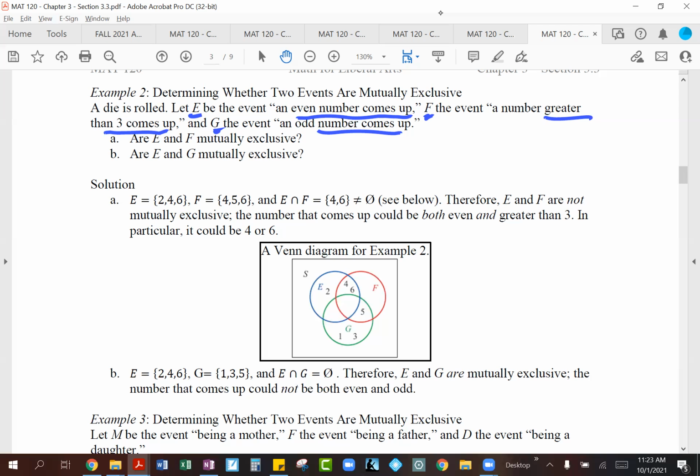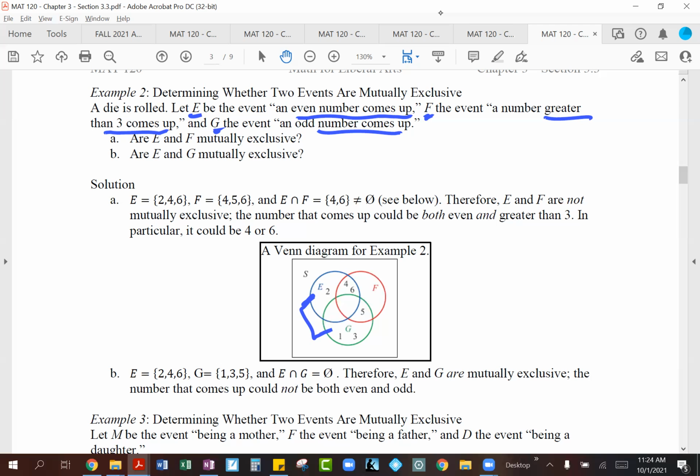For that matter, you can see set E and set G are also mutually exclusive, because set E is defined as even numbers and set G is defined as odd numbers. Obviously this space is also blank because you have no overlap between odd and even numbers.